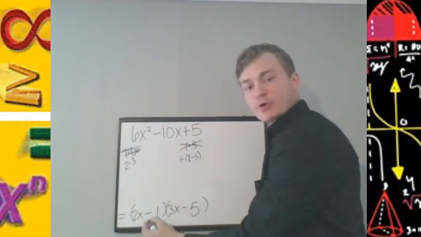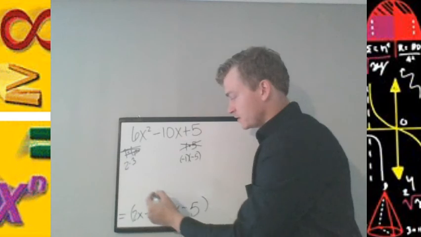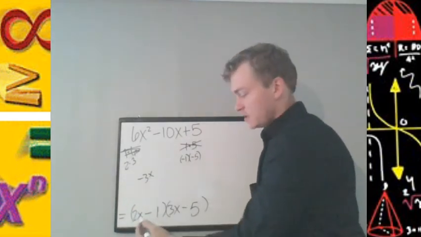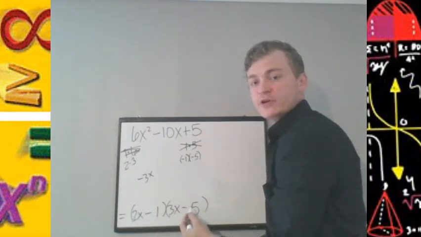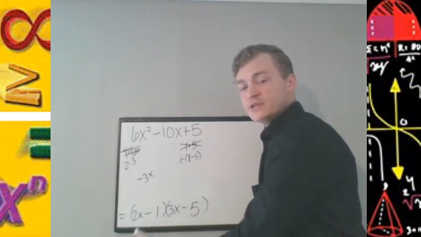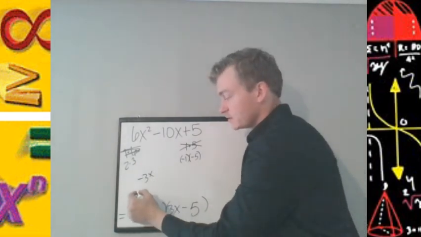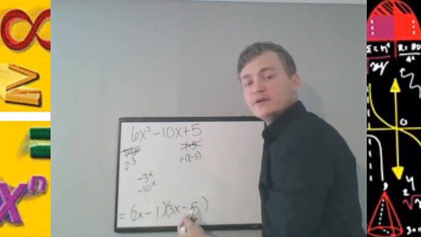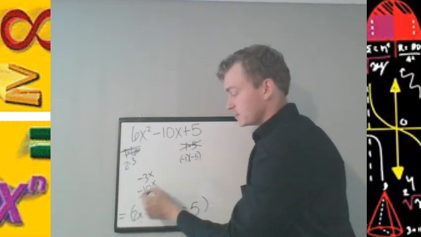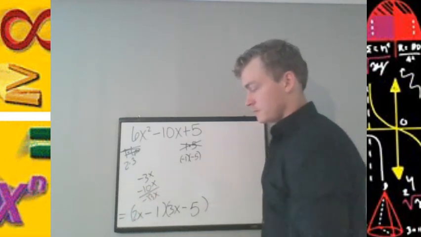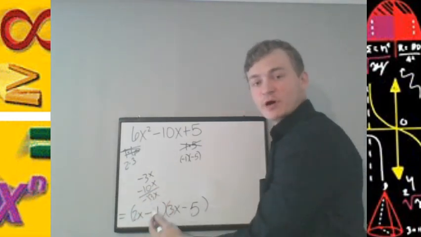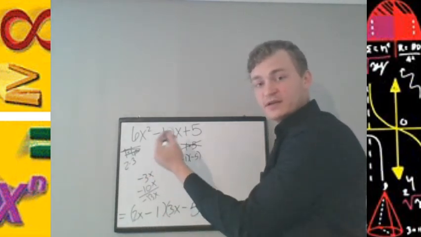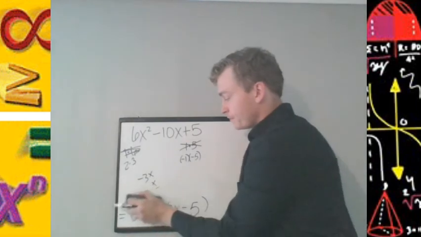Our inner product, minus 1 times 3x, is minus 3x. 2x times negative 5, or in other words, negative 5 times 2 times x, is negative 10x. Negative 3 and negative 10 combine to give us negative 13x. So again, this product here is 6x squared minus 13x plus 5, not the minus 10x that we want.